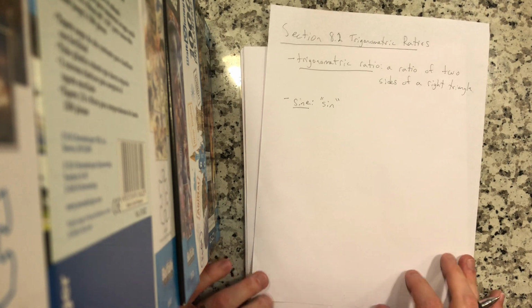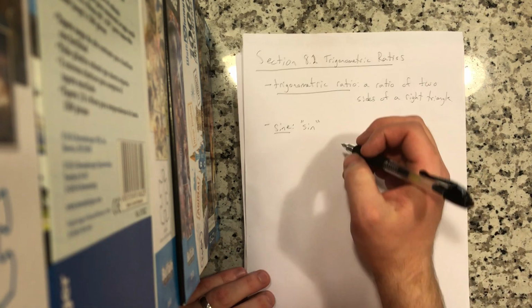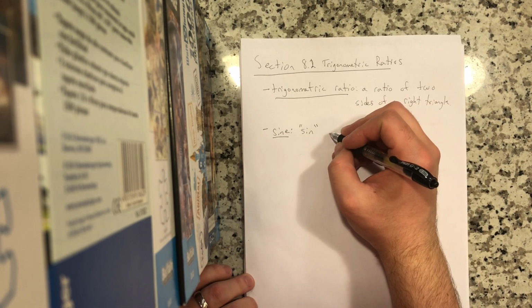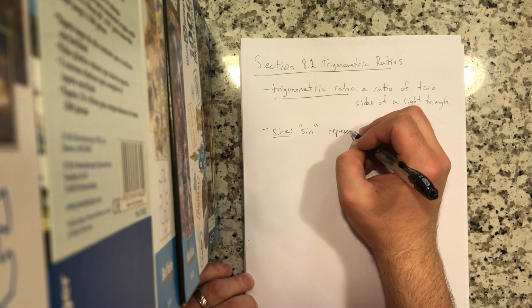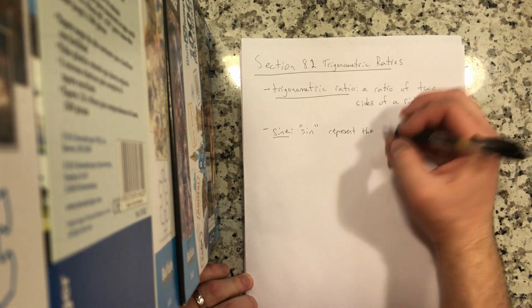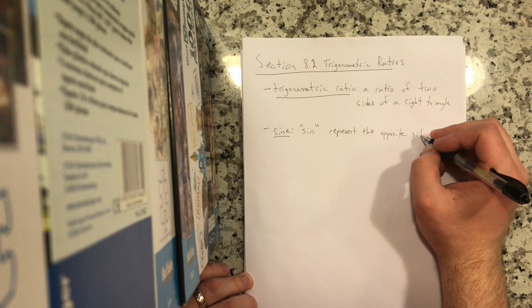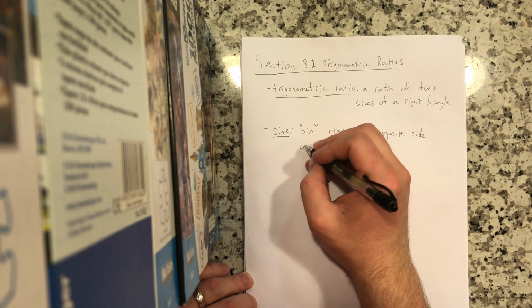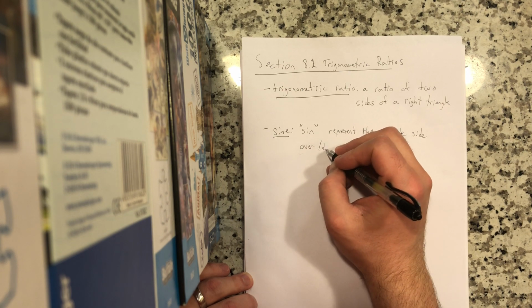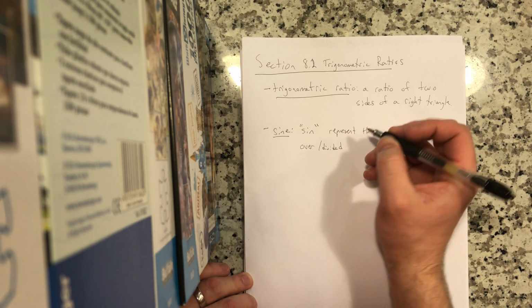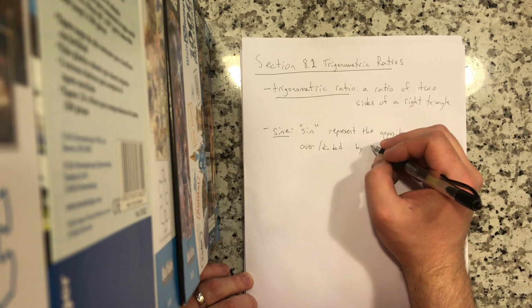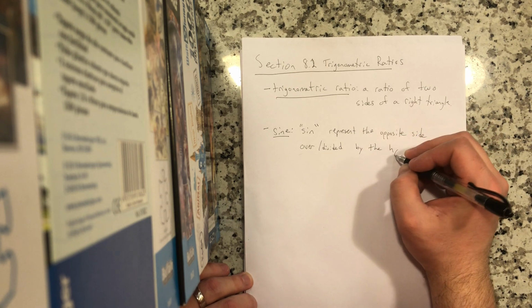So sine is going to represent the opposite side over, or divided by, the hypotenuse.